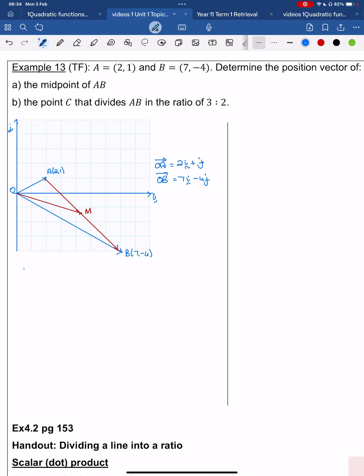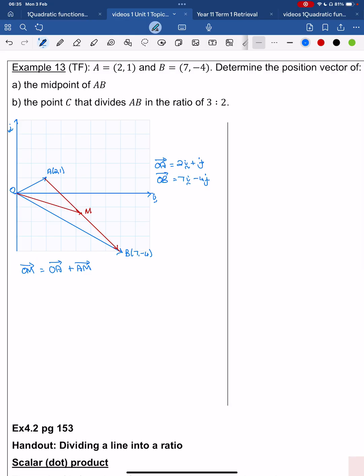All right, now we're looking for vector OM. So in order to find OM, I need to go from O to A and then A to M. So OA plus AM. Now that seems okay. How can we relate this AM to our AB?